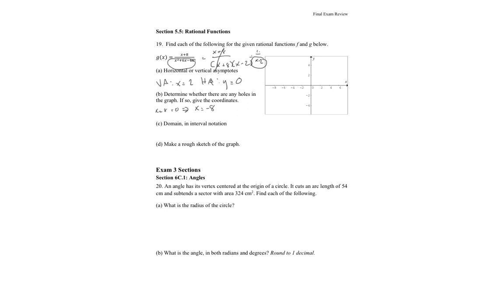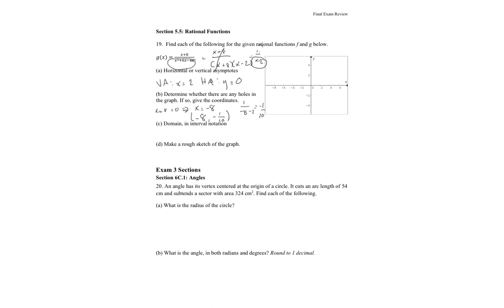Then we can plug that negative 8 into our simplified function of 1 over x minus 2. So it's 1 over negative 8 minus 2 equals negative 1/10. So we're going to have a hole at negative 8 as our x point, and our y point, which we said was negative 1/10.